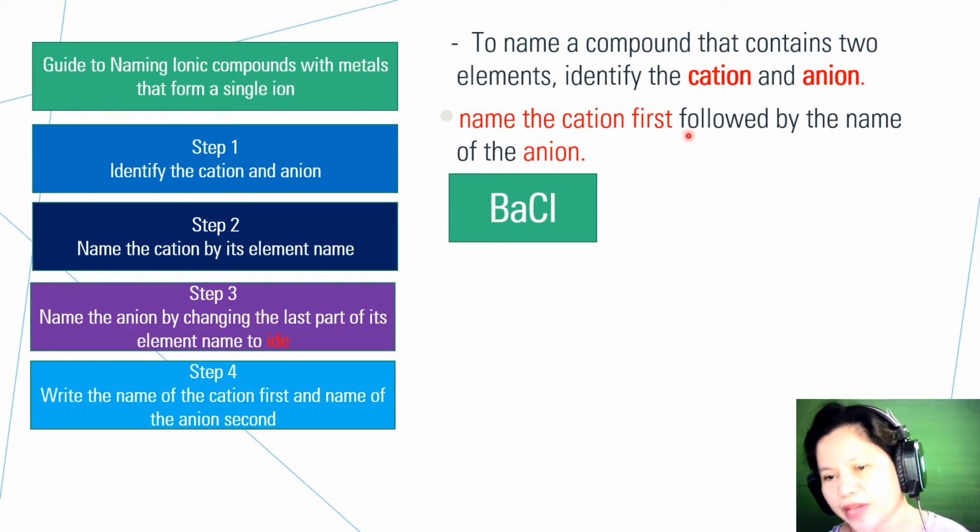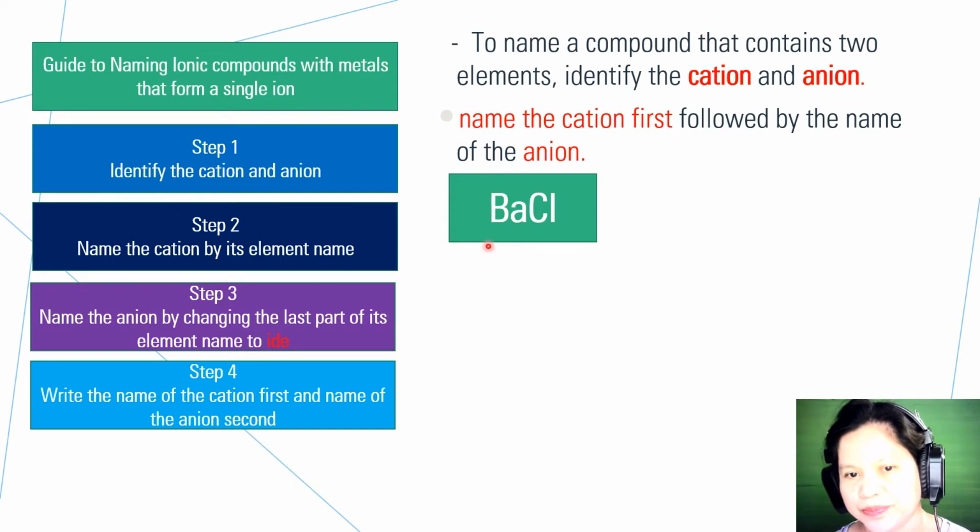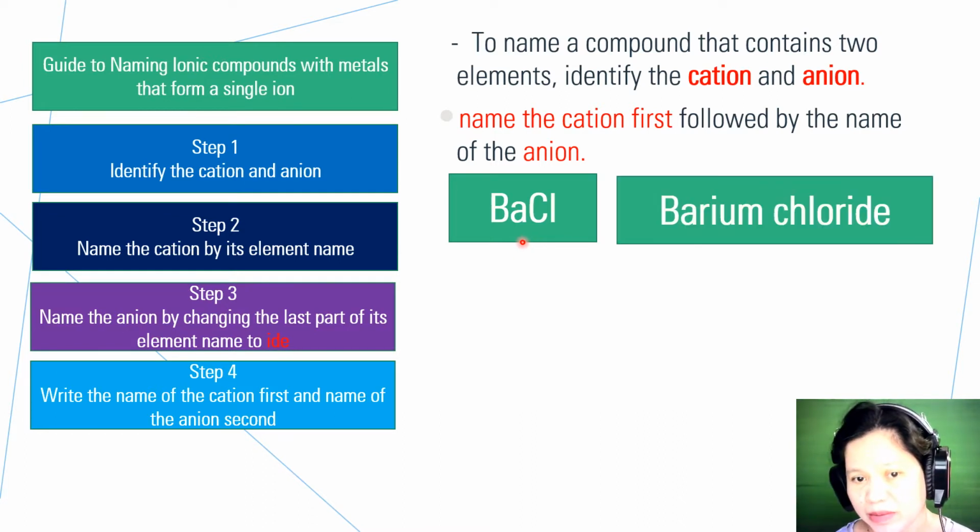So the cation there is barium. So what would be the next? Name the anion second, but this time you have to change chlorine into chloride. So that's why our chemical name is barium chloride. I hope you can follow.